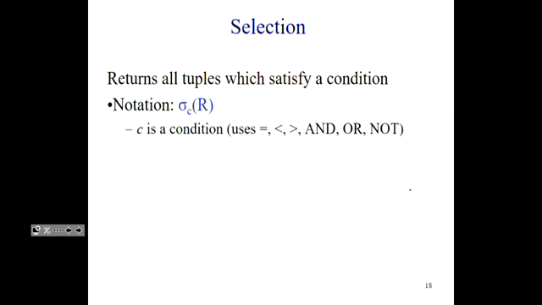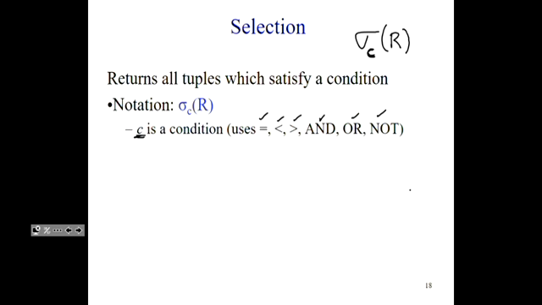Let's talk about more interesting operations. Here's an interesting operation: the selection operation. The selection operation returns all tuples in a relation that satisfy a condition. The way to represent a selection operation is using a sigma with a condition as a subscript, and then you have the relation R inside parentheses. C is a condition which uses equals, less than, greater than, and, or, not.